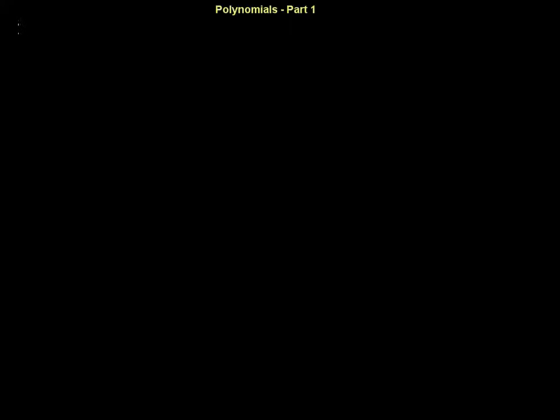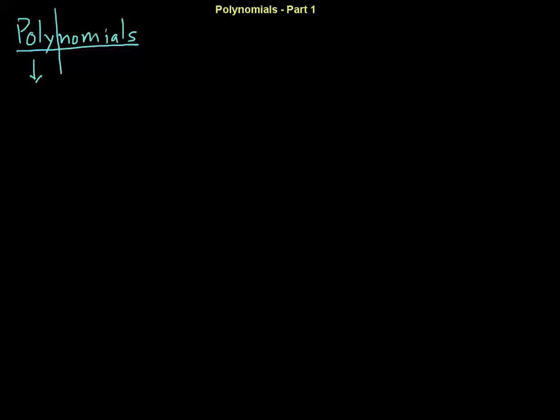Today I'm going to talk about polynomials. So the first question is: what is a polynomial and how are polynomials defined? Let's write down the term polynomial first and divide this word into two parts. The first part is poly.